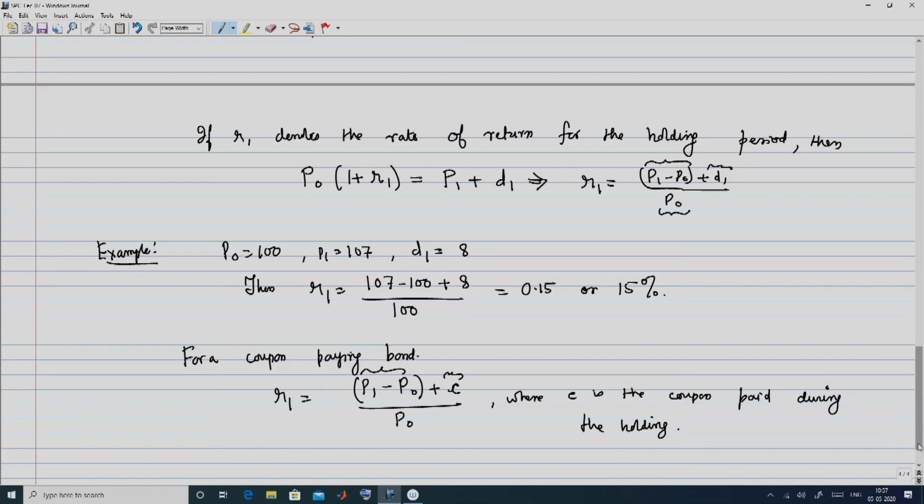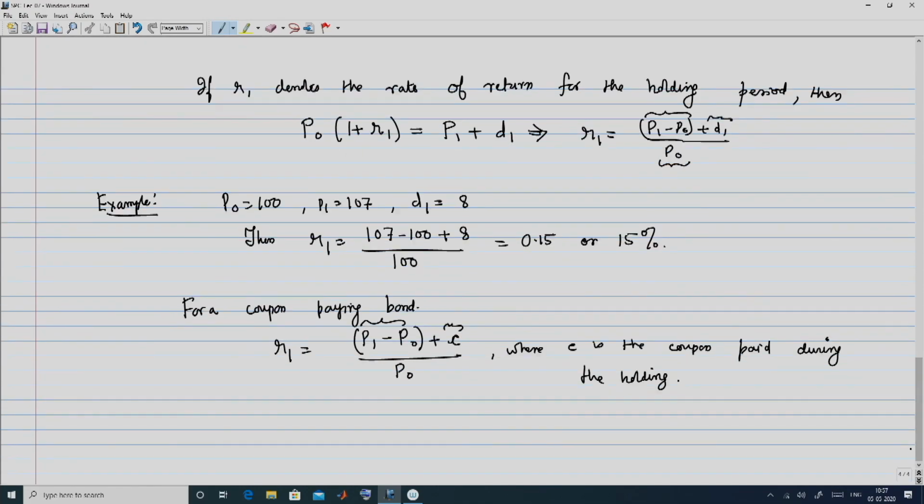So, we have given the basic definition for return in case of a stock and a bond for a single holding period.